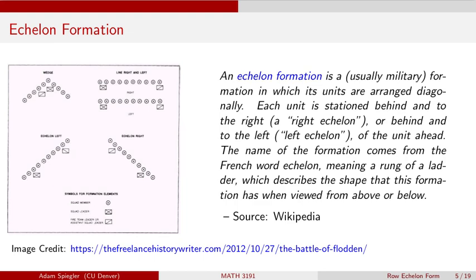So you could have an echelon left or an echelon right formation. I am not going to talk to you about military strategy, but more where this name comes from. And you can see over here, this is kind of similar to our goal of putting a matrix into echelon form, where these people are the leading entries, you can think of it.